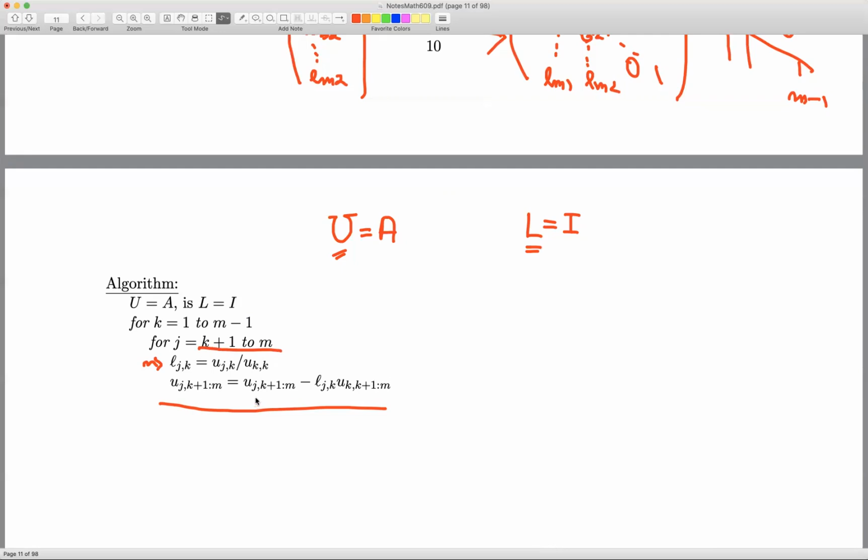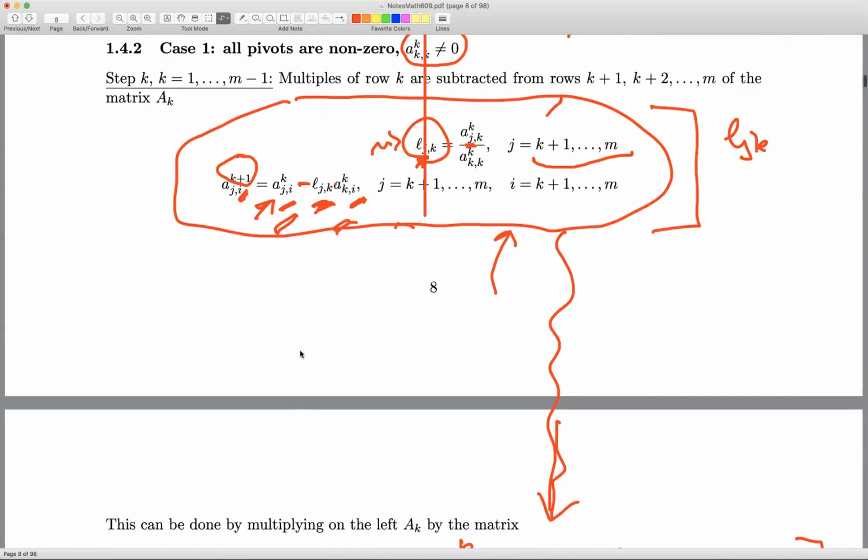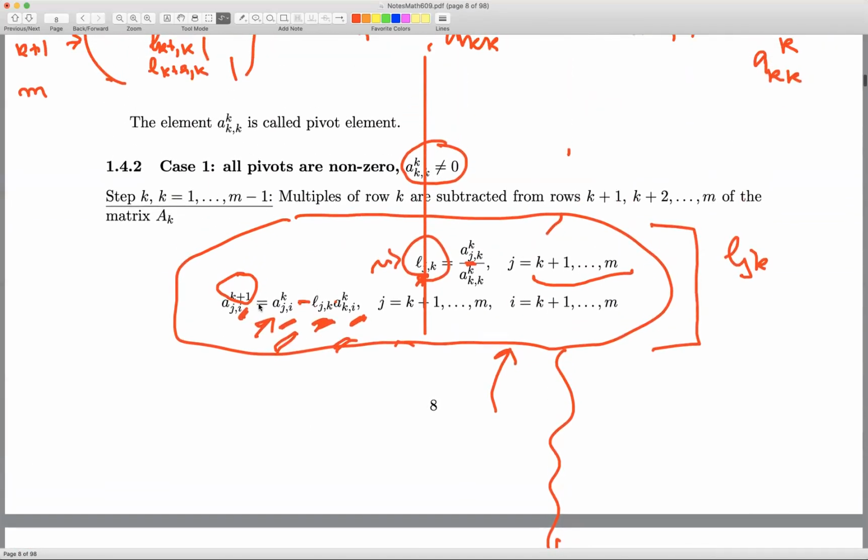It is right here. It is the same equation. The new element on position ji will be equal to the old element of position ji, the old means with index k, minus this index ljk times the corresponding element that sits on the kth row and the ith column.